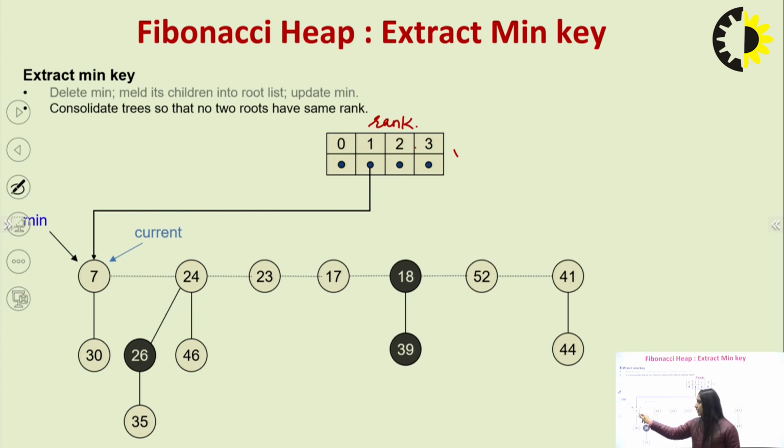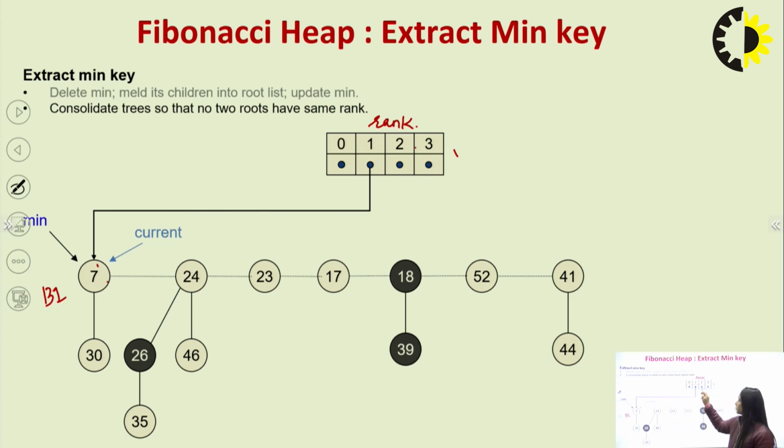Now the current is this node. What is the rank of this node? 1, right? B1, if you remember. Then I make a pointer from this node to this table.